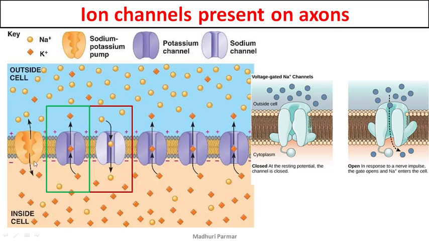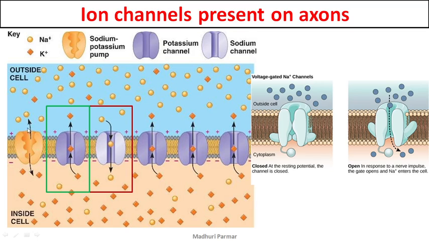Now the third structure that you see here, the third protein, is called the sodium potassium pump. Fine. Wherever you hear the term pump, it means it is using ATP. Another name for sodium potassium pump is sodium potassium ATPase. It will use one ATP and do what? It is an antiporter.